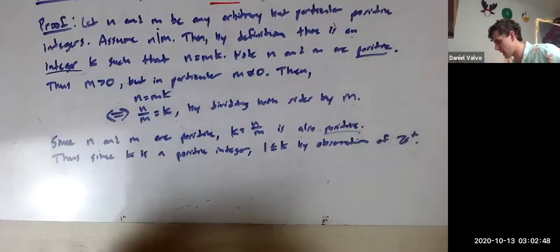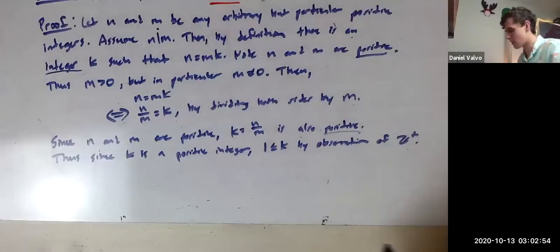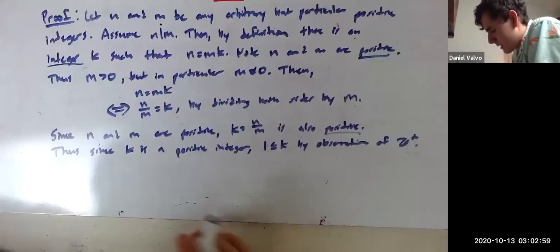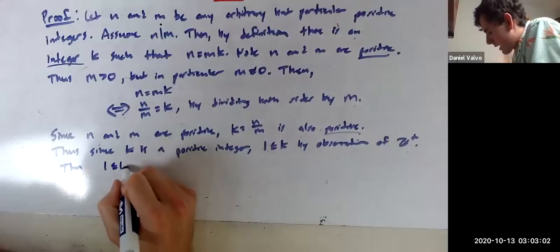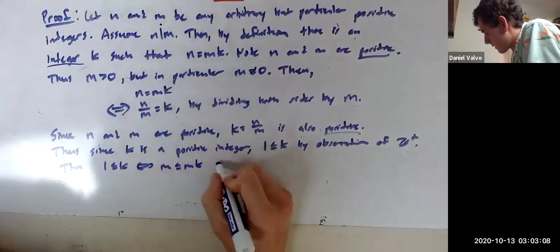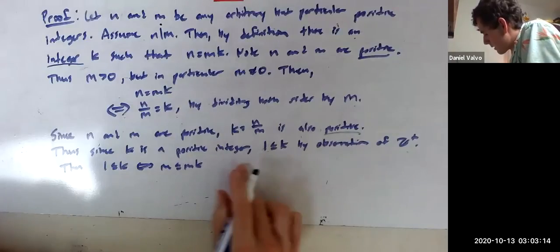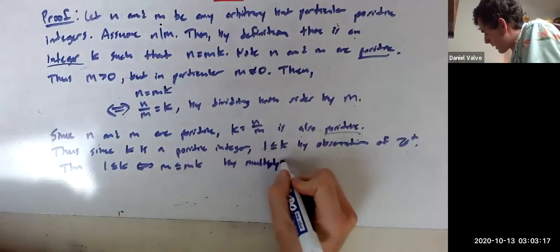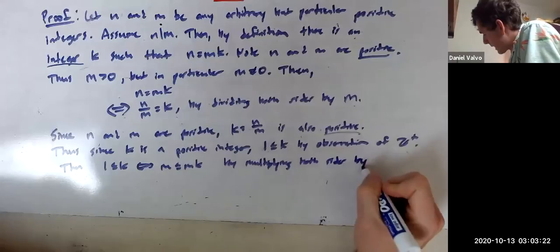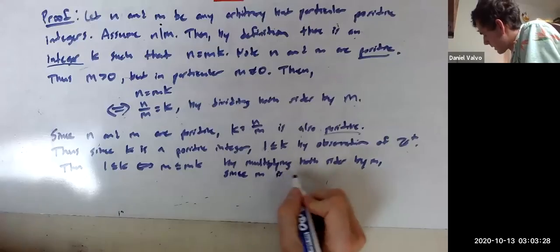So we have this right here: 1 is less than or equal to k. And boom, then we have it. This is exactly what we need to do the rest of the proof. I'll do the rest quickly because we already have it. 1 is less than or equal to k if and only if m is less than or equal to mk, by multiplying both sides by m, since m is positive.